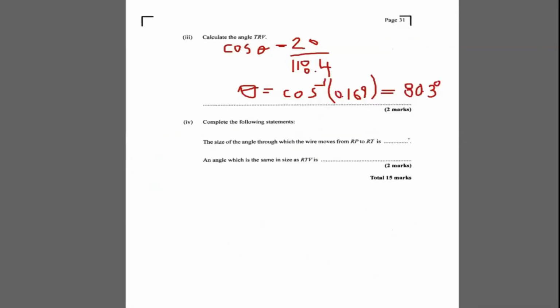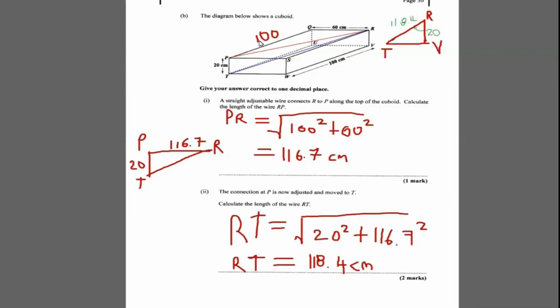Now it says complete the following statement. The size of the angle through which the wire moves from RP to RT is the size of the angle through which it moves from RP to RT. Oh, that's bearing.